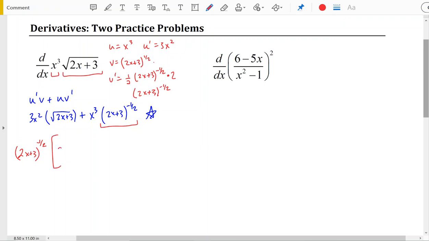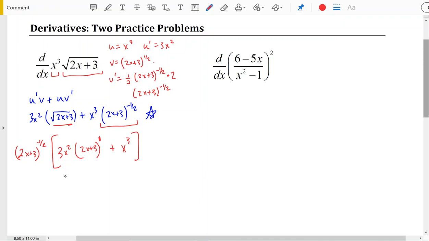For our first term of 3x squared, here we just want to remember our exponent rules. (2x plus 3), when we multiply, we add our exponents. So up here we have an exponent of 1/2. So I want an exponent of 1 on that, so that when I distribute, I get the correct exponent of 1/2, plus x cubed. And that turns out to have been pretty nice because this interior is going to simplify pretty well.